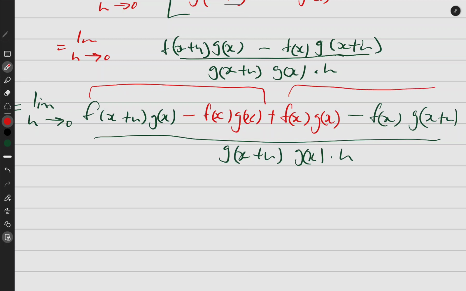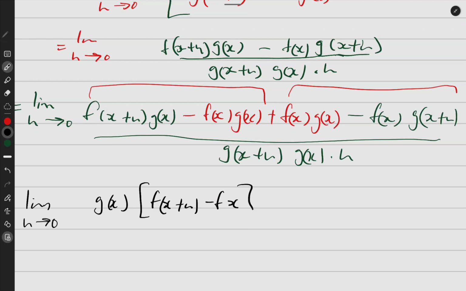Let's find the common factor here and here, which I see is g of x. Limit as h approaches 0. If I take out g of x here I'll be left with f of x plus h, and here I'll be left with minus f of x, and then close that.